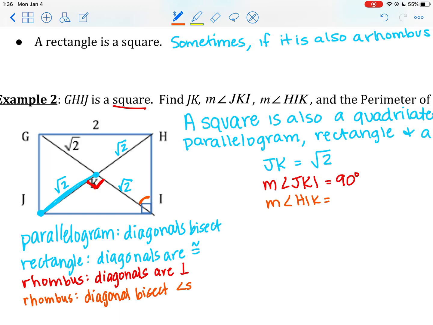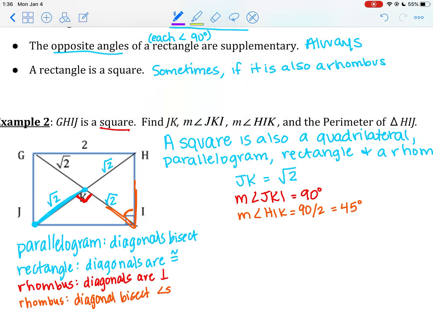So this angle here is going to be bisected. If that angle is 90 degrees, because it's marked here with this box, the entire angle HIJ is a right angle. It's 90 degrees. So this angle HIK is going to be half of that. So for that, I'm going to do 90 divided by 2, which says that this angle will be 45 degrees.